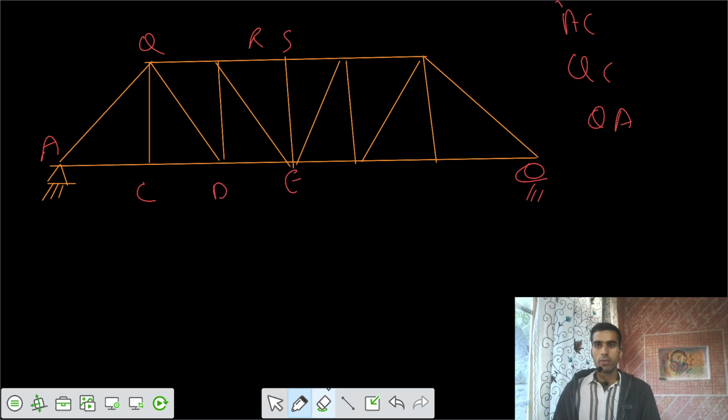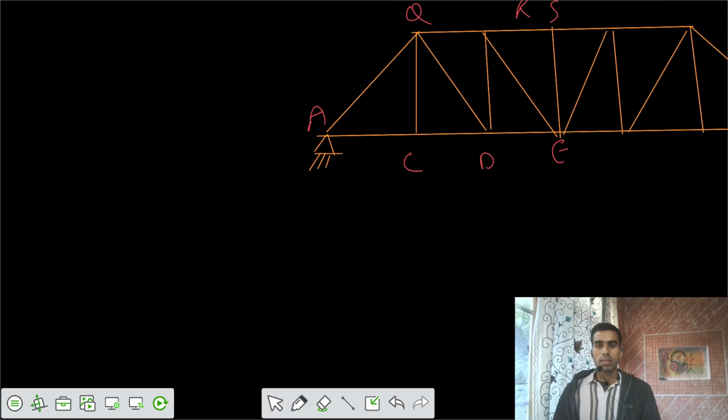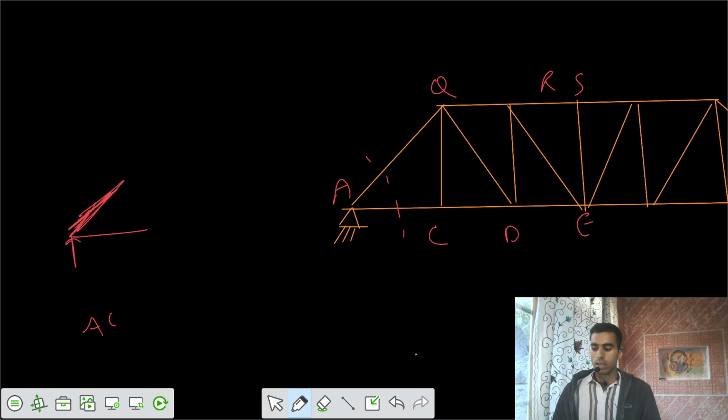We need to get ILD for AC. Let's go for AC. If I have this AC, if I cut the section in this fashion, can you get the AC? What should be the value of AC? So I would say for the AC, the loading is through type. Now I would say where is the AC? It's a bottom chord member.